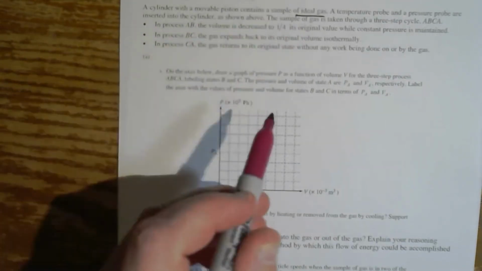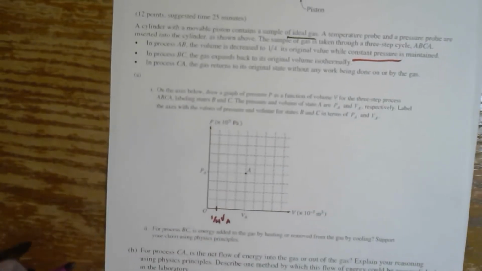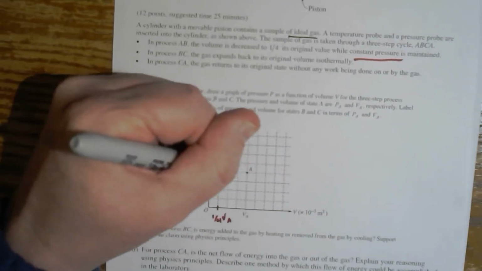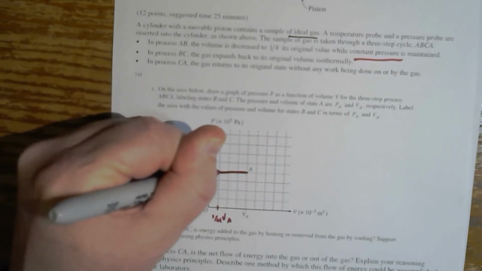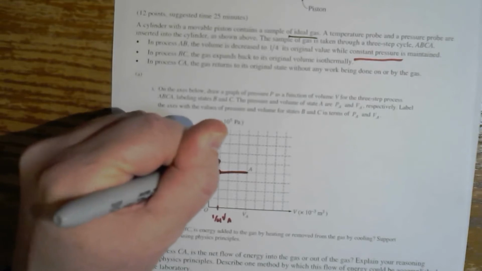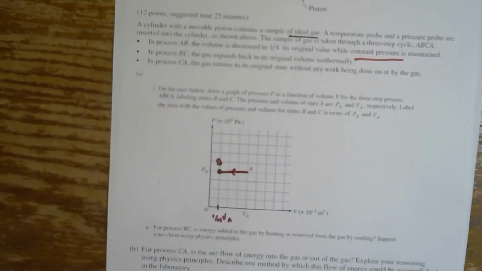And it's going to be done while the pressure is constant. Okay, so that means it's an isobaric process. And so we have to draw a straight horizontal line from A over here to this new point, which I'm going to label as B. That's our second point. And it is important to draw the arrow to indicate the direction of that motion.